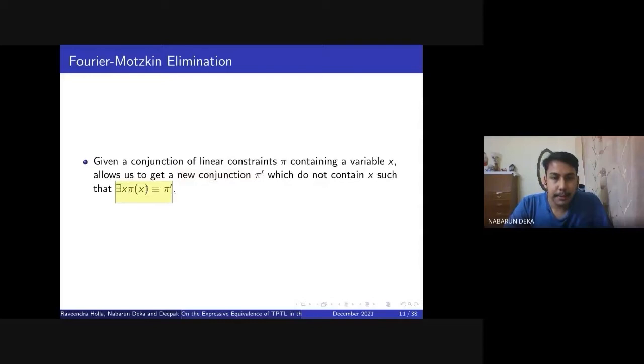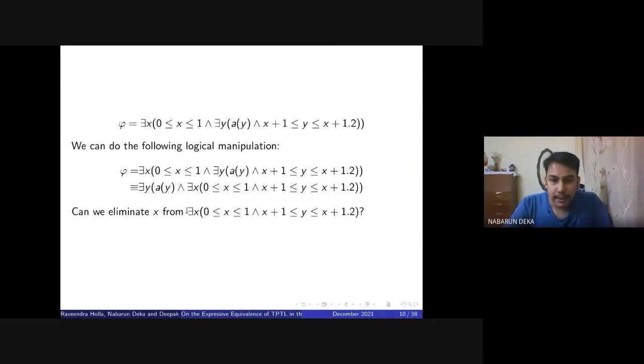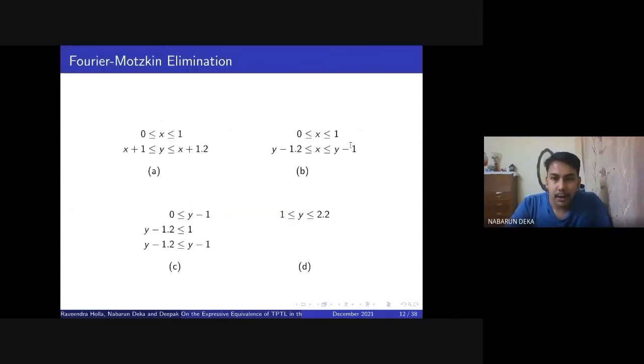There exists x pi x is equivalent to pi prime. So if we apply it here, then it will give us a set of constraints which is equivalent to this formula and does not contain x. So these are the steps of applying Fourier-Motzkin. Once we apply Fourier-Motzkin, the final constraint we get is y is between 1 and 2.2.